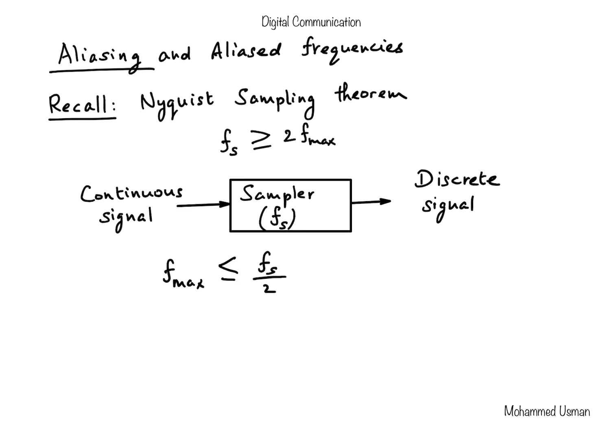So the maximum frequency that can be applied to this sampling circuit whose sampling rate is fixed to fs is half the sampling rate. So fs by 2 is the maximum frequency that can be applied without causing aliasing when we have the sampling rate fixed at a certain value. We'll now see with an example how to compute the alias frequency given a sampling rate and a range of input frequencies.